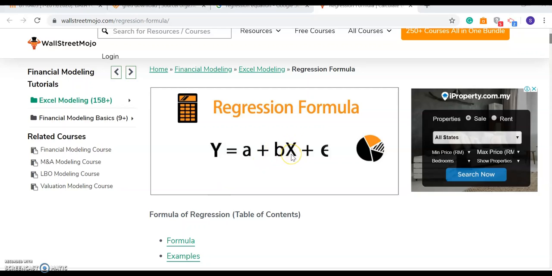Remember, we have two independent variables. That means we will have two bx terms, b1x1 plus b2x2, then plus e representing the error term.